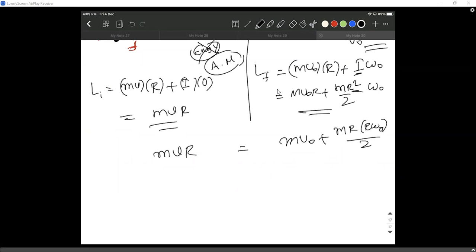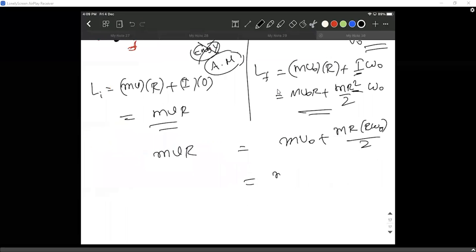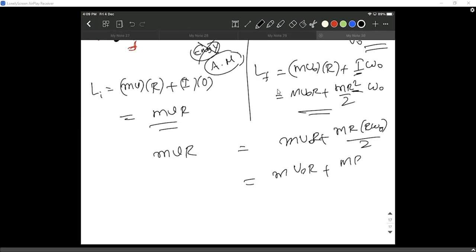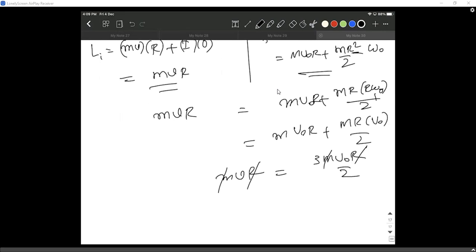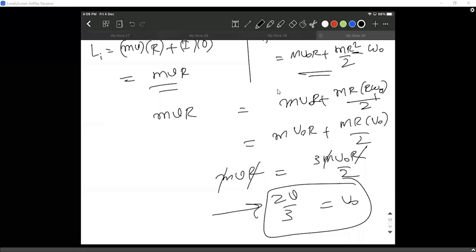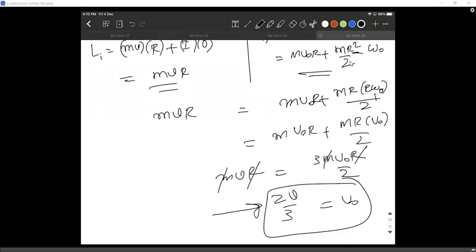I'm just splitting r square so that I get an easy value. Mv naught r plus mr, this is also v naught, so you get 3 mv naught r by 2 equals mvr, so I get v naught equals 2v by 3. I hope you get it now.